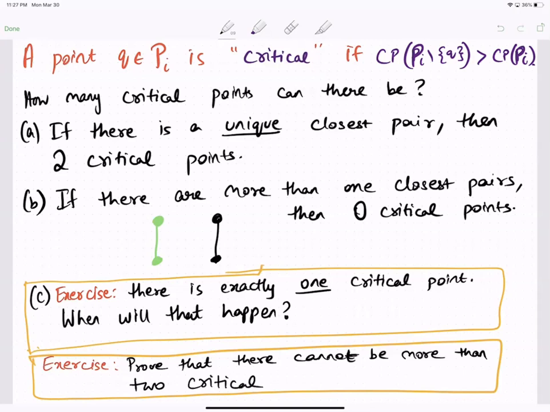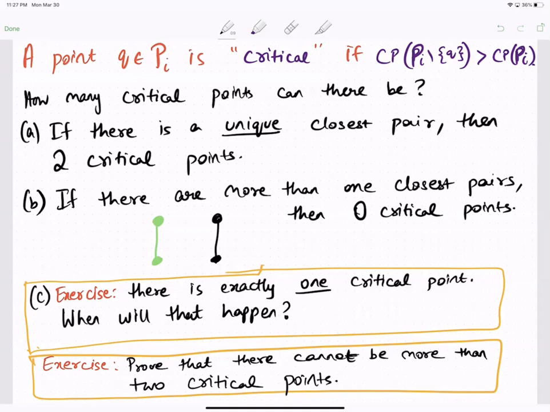So I'm saying there can be zero critical points, one critical point, two critical points, but not more than that. That needs a formal proof, and I'll leave that as an exercise. A very simple exercise. So I've defined what a critical point is, and this is what I have to say about it.